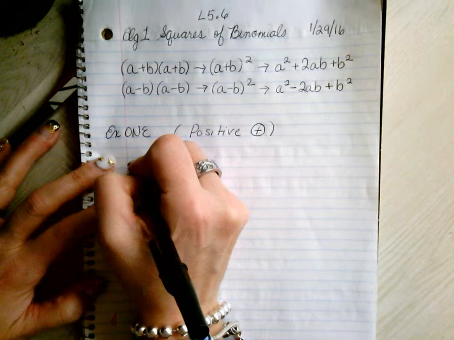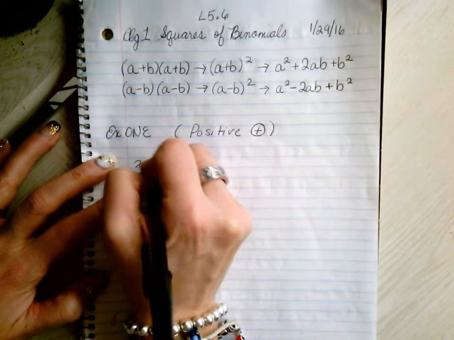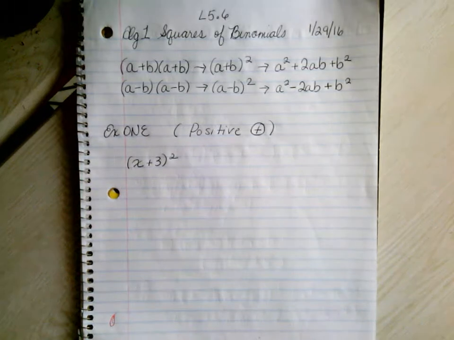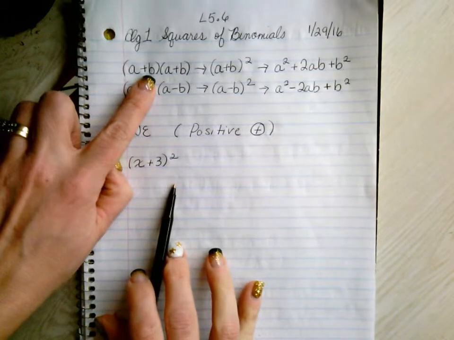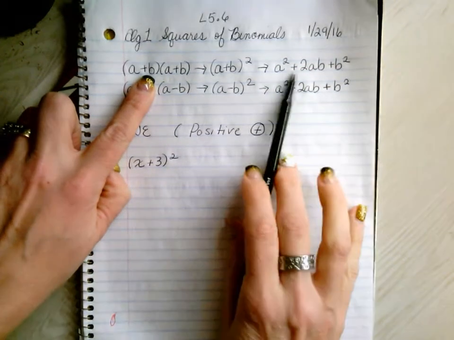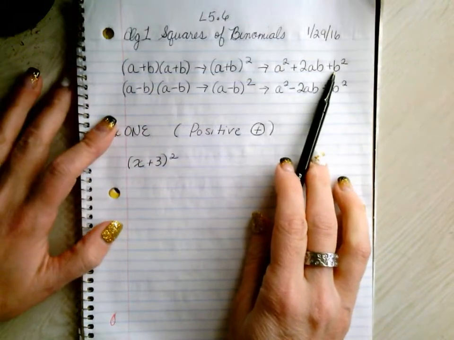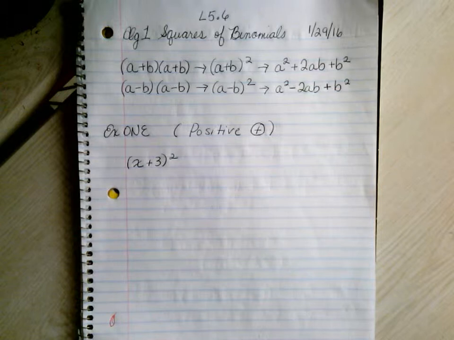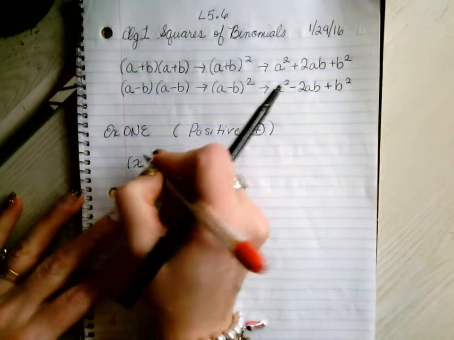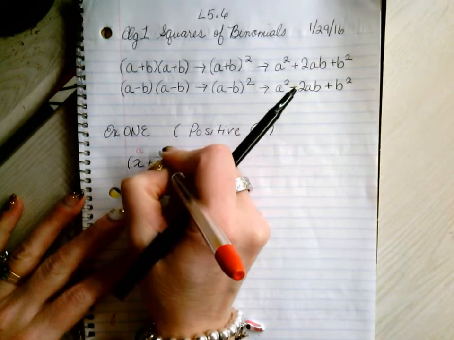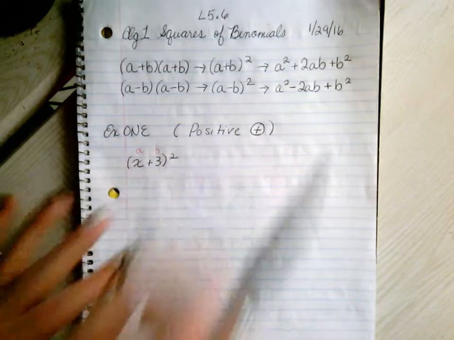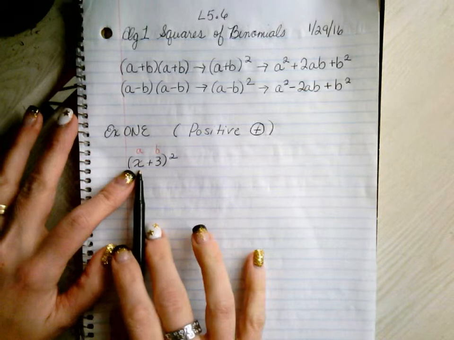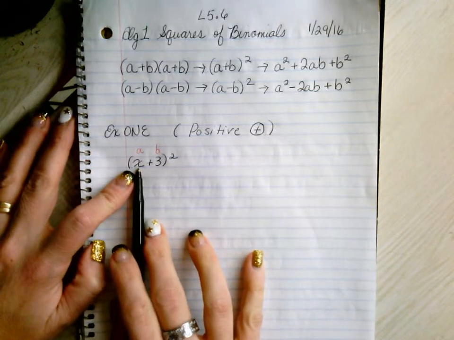If I say to you x plus 3 squared, I don't have to break it up. I can simply use the pattern and multiply it in my head. Remember, what sits in the A position is the x, and what sits in the B position is the 3.